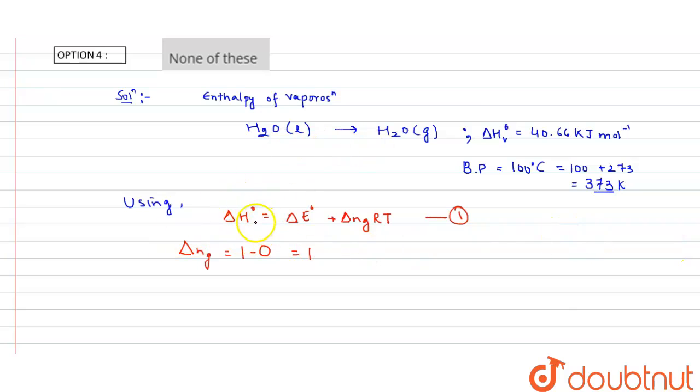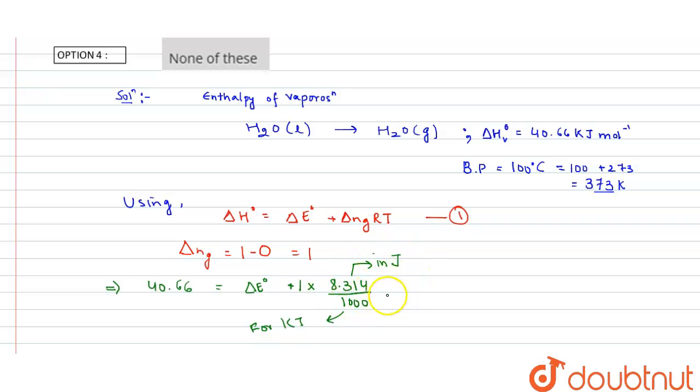Now, if we substitute all the given values in equation number 1, our expression becomes 40.66, which is the value of enthalpy change of vaporization, equal to delta E naught, that is the change in internal energy, plus 1 for delta n g multiplied by the gas constant R. Its value in joules is 8.314, but here we are working in kilojoules as the delta H value is given in kilojoules, so we have to divide it by 1000 to convert it, as this 8.314 value is in joules.